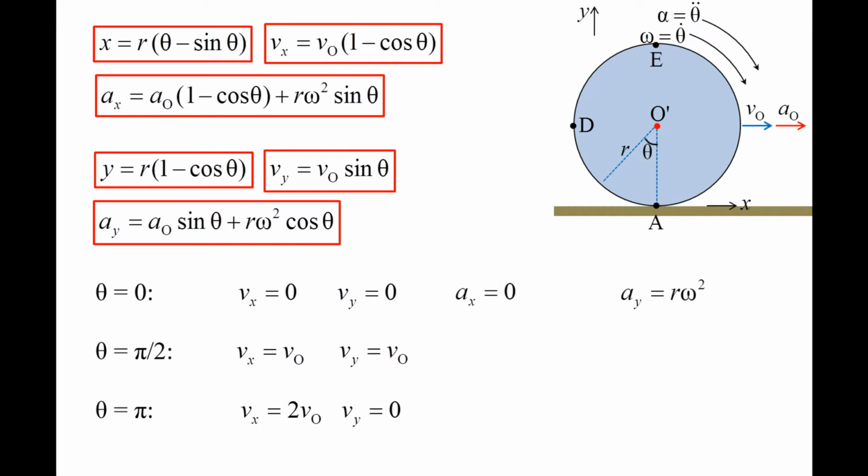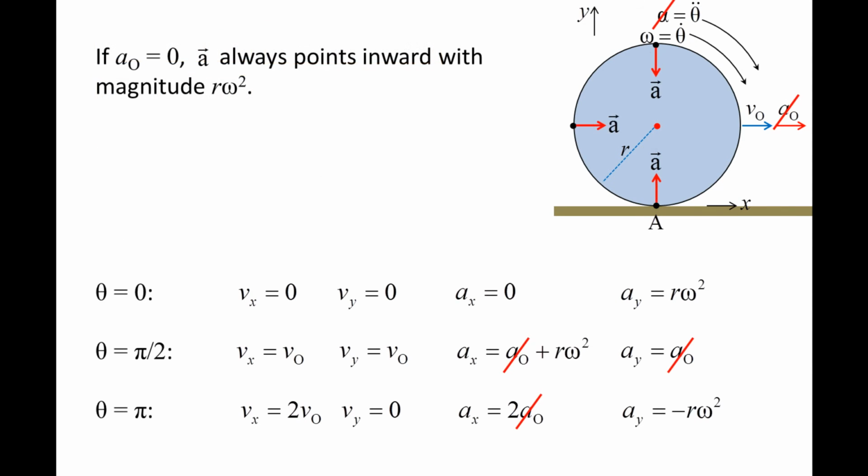For the acceleration at point A, the x-component is 0, while the y-component is r times omega squared. For point D, the x-component of the acceleration is AO plus r times omega squared, and the y-component is AO. At point E, the x-component of the acceleration is 2 times AO, and the y-component is negative r times omega squared.